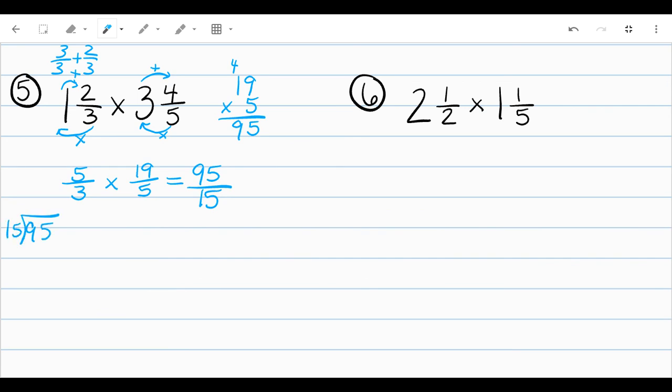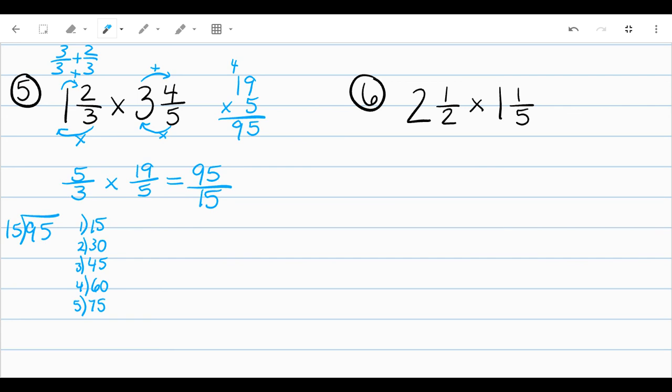Well, when I think of my multiples of 15, I think 15 is 1 times 15. 2 times 15 is 30. 3 times 15 is 45. 4 times 15 is 60, thinking about our clock. 5 times 15 is 75.